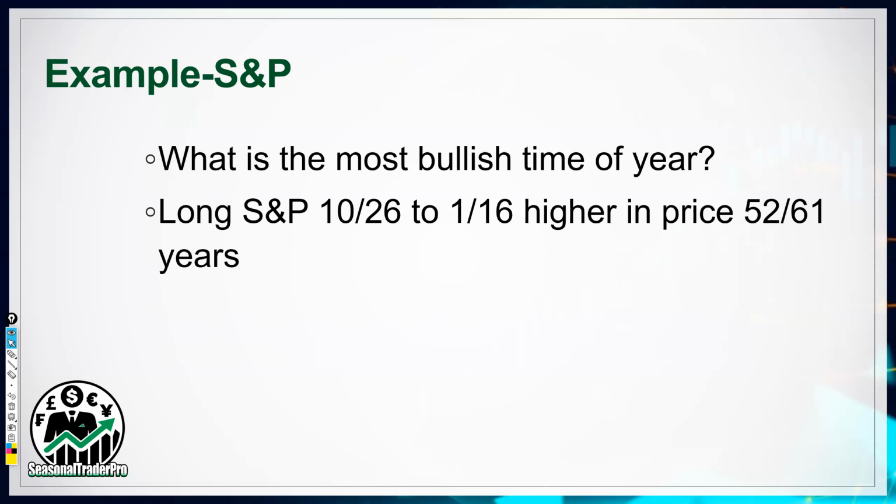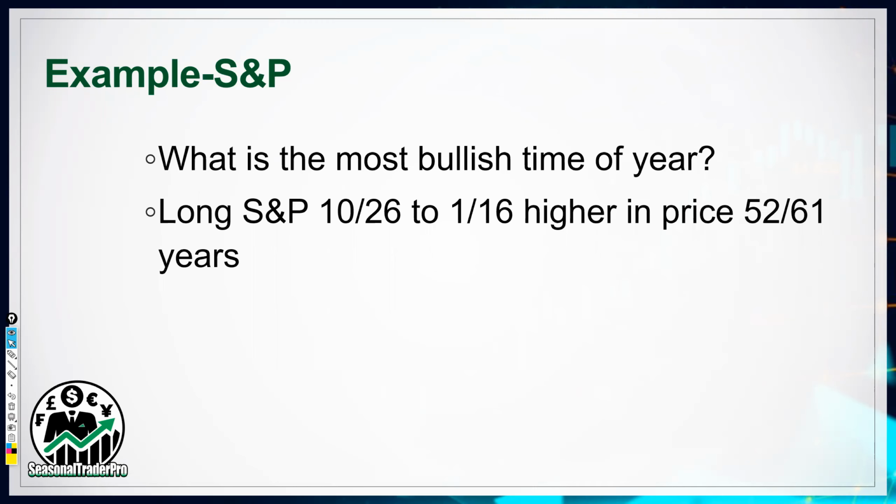When I mine for that, I was looking for a 3-month opportunity. You look at October 26th till January 16th, and the S&P has gone higher in price 52 out of those 61 years. That's a pretty good opportunity, in my opinion, if you're looking for long plays in the market. Right around that Halloween time through the end of the year is usually a pretty good opportunity.